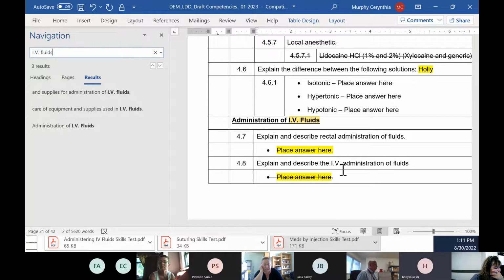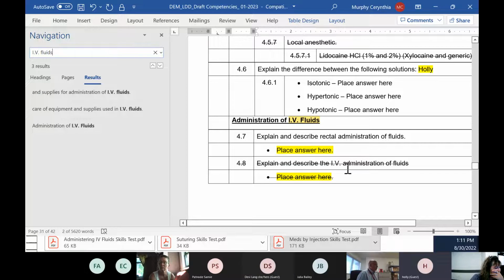So that would go under Cytotec, routes of administration, and then rectal is under routes of administration, but this is about administering IV fluids. And so I think we don't need rectal because they're not intravenous. Unless you're puncturing a hemorrhoid, I guess, but that doesn't sound like a good idea.